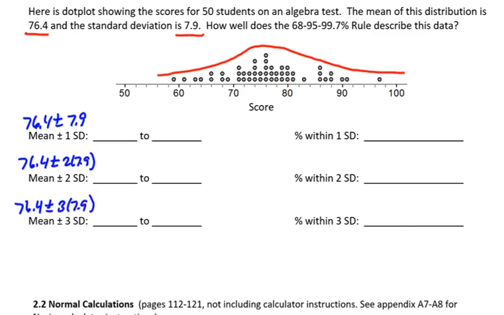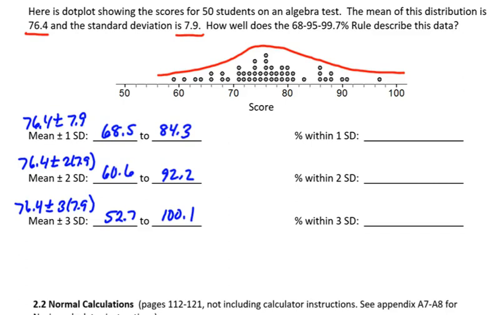It turns out that this would be 68.5 to 84.3. This is 60.6 to 92.2. And this is 52.7 to 100.1. So those are our boundary lines for 1, 2, and 3 standard deviations from the mean if I were to draw my normal model and write those in.